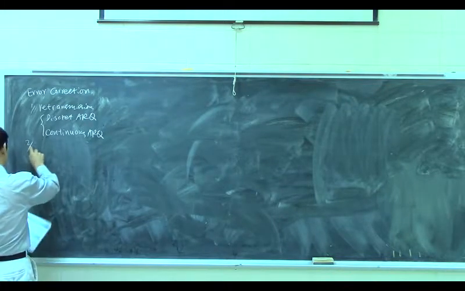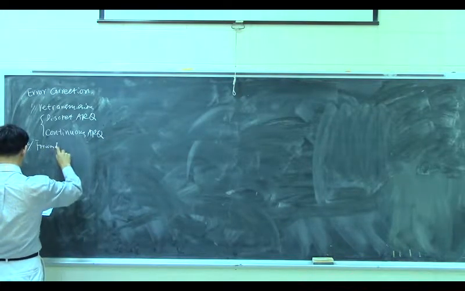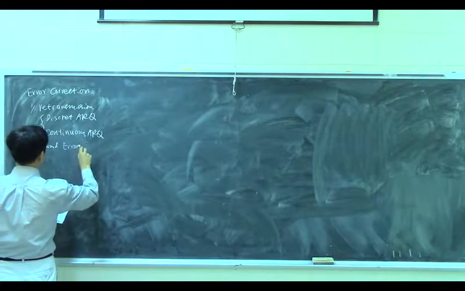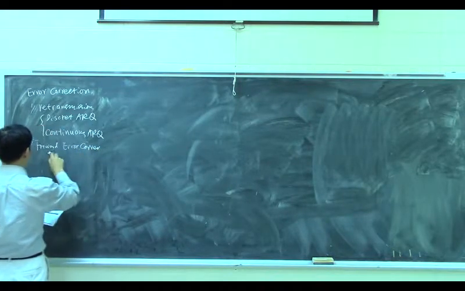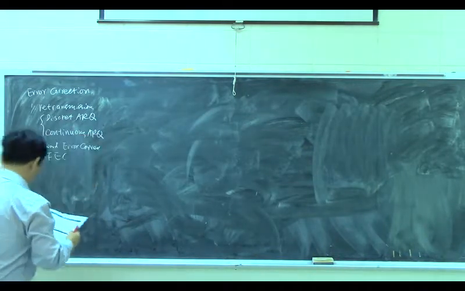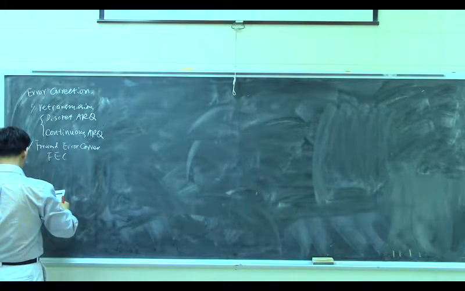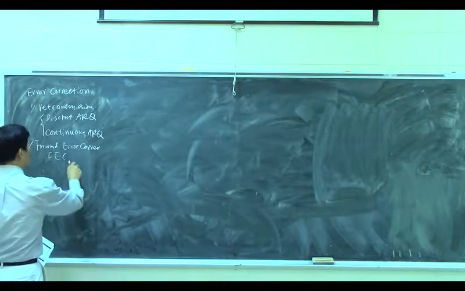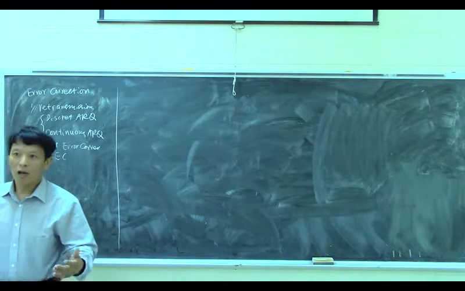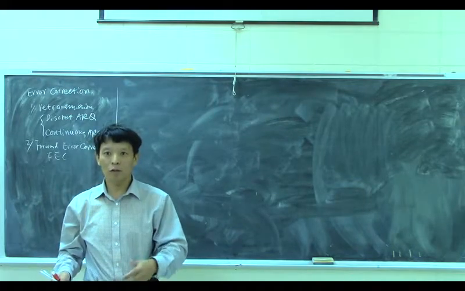The topic we are going to discuss is called forward error correction, FEC. Forward error correction means if I have data, I will put some checking bits combined with the data to form a code.